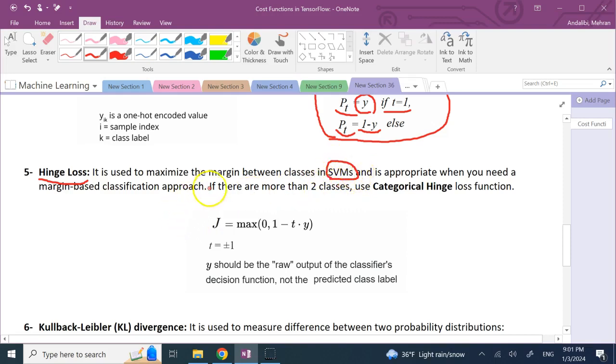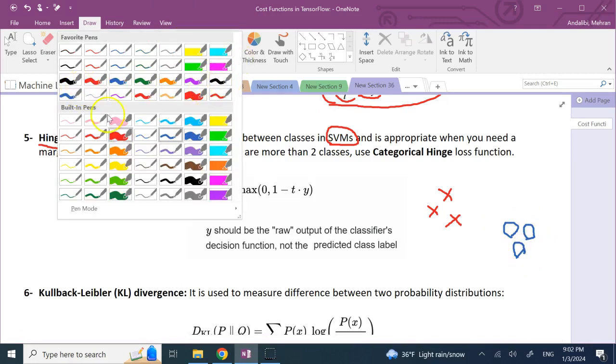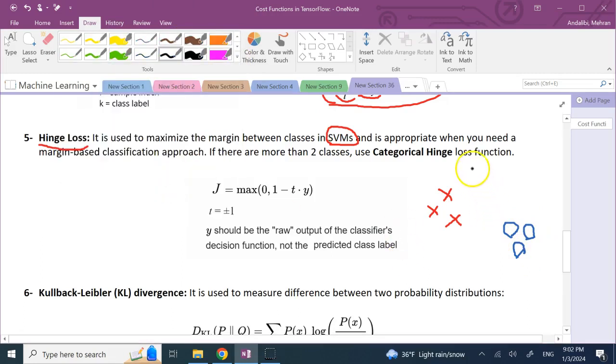It is good when you try to maximize the gap between the 2 classes or several classes. Okay, so if you have a bunch of samples in this class and a bunch of samples in the other class, if you use a perceptron, and I told you in the past, this perceptron gives you a hyperplane, and it could be this one, this one, this one.